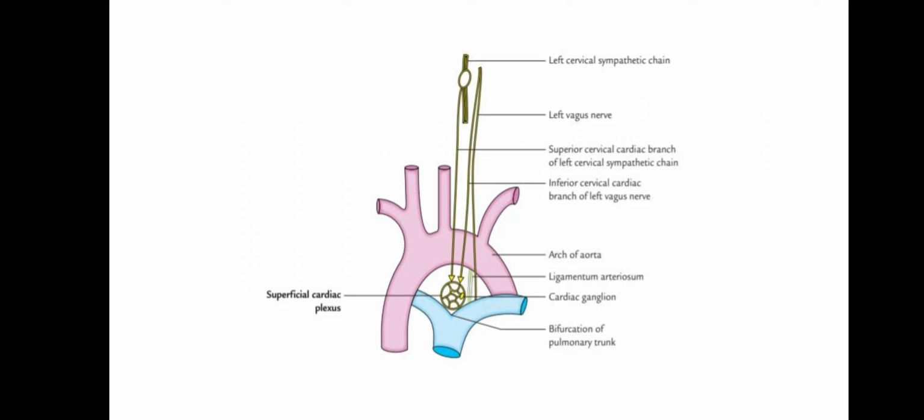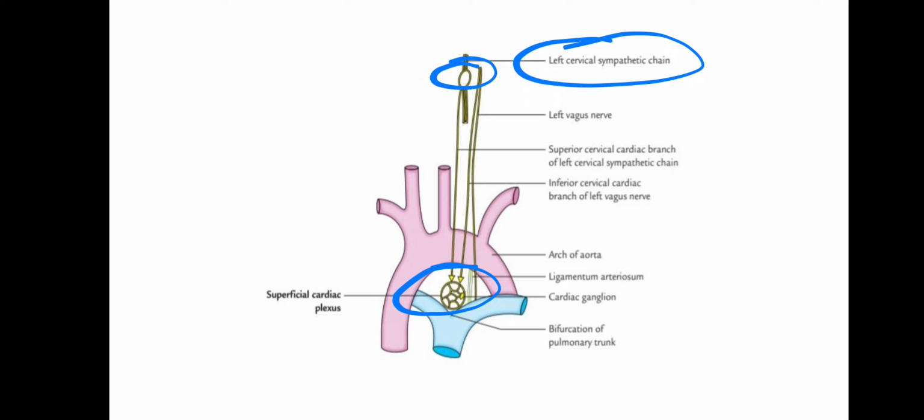So this is the superficial cardiac plexus. Here we can see the superficial cardiac plexus lying in front of the bifurcation of the pulmonary trunk, and as I said, the branch from the superior ganglion of the left cervical sympathetic chain is going to contribute to it. When I say plexus, it is formed by both the sympathetic and the parasympathetic.